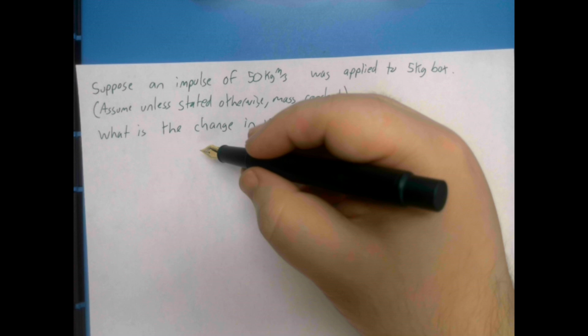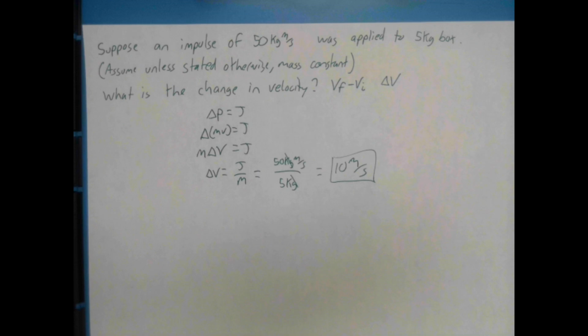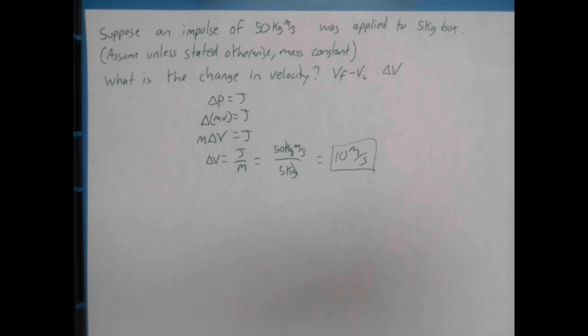So the impulse is 50 kilogram meters per second divided by 5 kilograms, and that gives us 10 meters per second. So we will increase our speed by 10 meters per second. So if the box was moving 20 meters per second, this change in velocity indicates that we will now be moving at 30 meters per second.